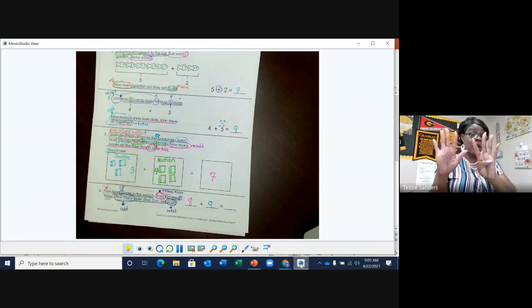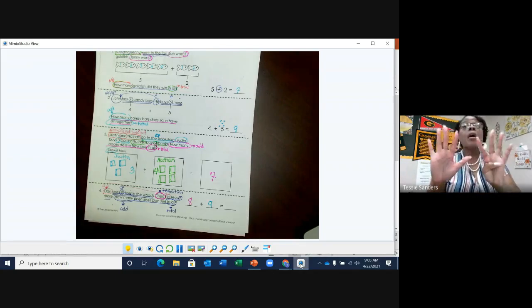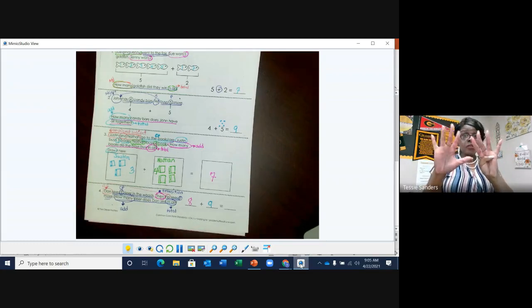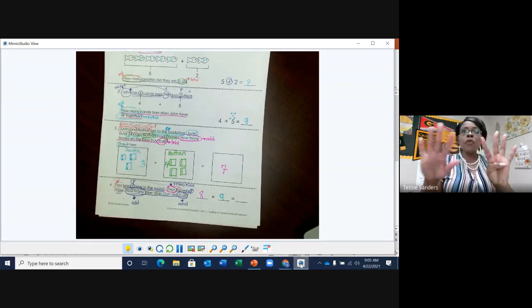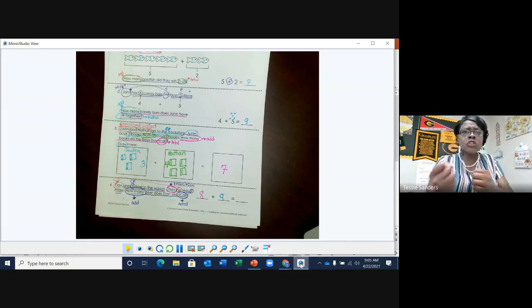So here we go. Count. Get up 9 fingers. Yes, professors, let them use these human manipulatives at whatever stage level they may be at. Remember, learners have different learning styles. So let's touch it. Let's be kinesthetic. What comes after 8?